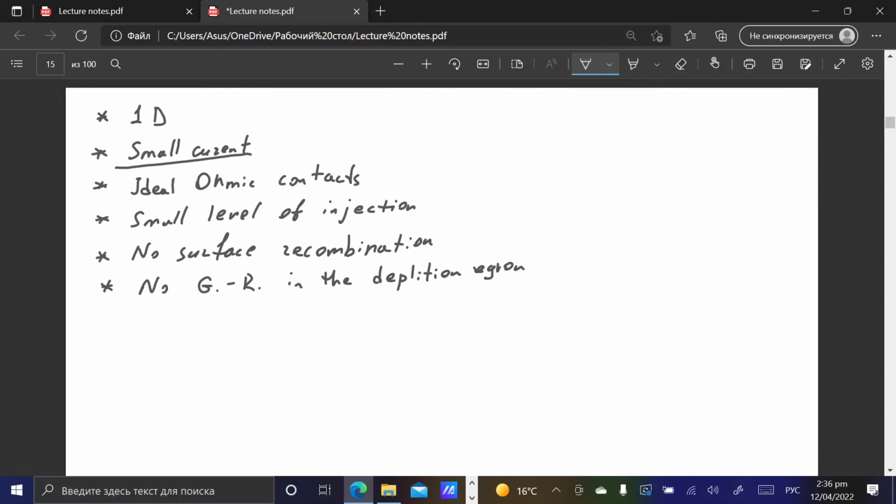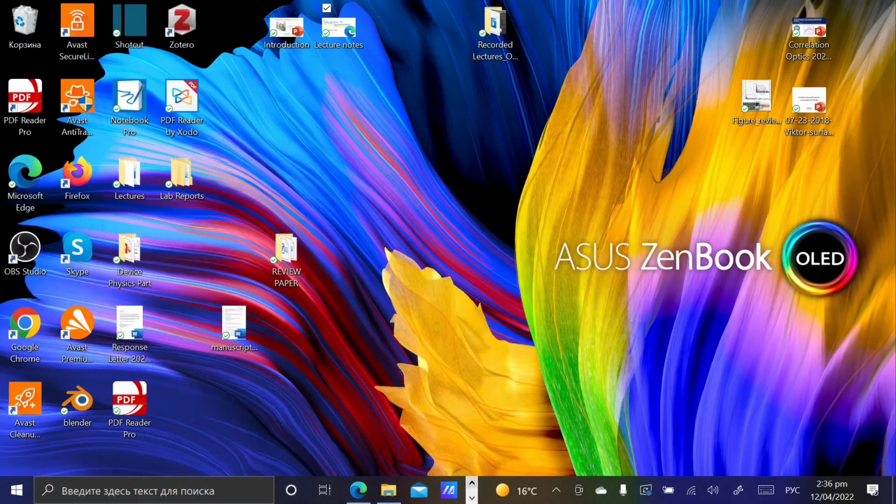These are the conditions which we need to consider when we deal with the derivation of a p-n junction. So let me again show you our slide.